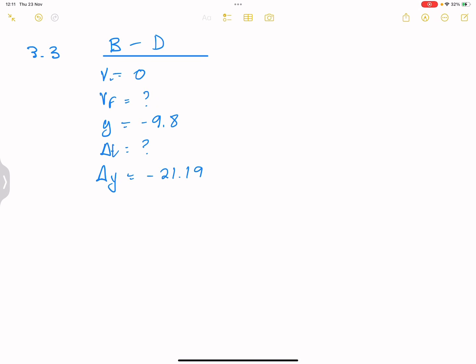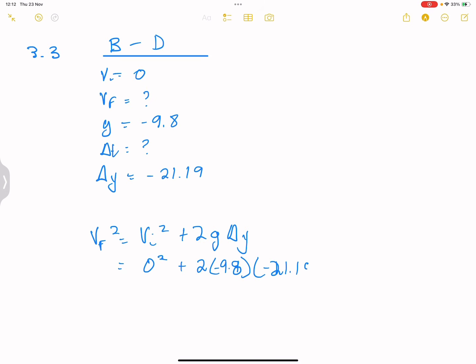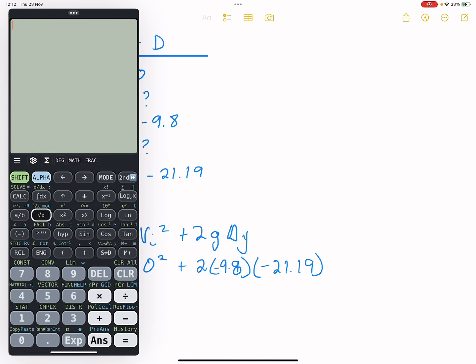So again, the very same formula, because we're looking for final velocity this time. We don't have time. That's Vf squared equals Vi squared plus 2 times g delta y. Our initial velocity is 0. That's 2 times negative 9.8 times negative 21.19. Sorry about that, that's negative 21.19. Okay, and we're going to take the square root again, so I might as well just do that.